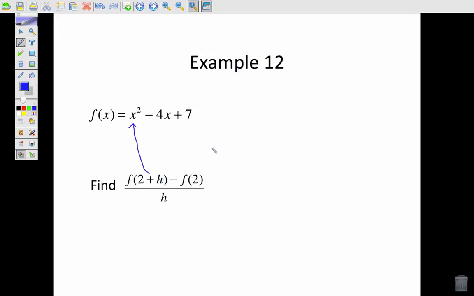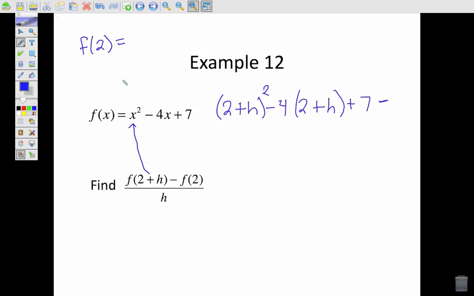This time my difference quotient is asking us to put an expression in of 2 plus h and then minus f of 2. So let's go ahead and put 2 plus h in. So we've got 2 plus h squared minus 4 times 2 plus h plus 7 minus, so all of that is just the first expression here. Let's find what f of 2 is. What does f of 2 equal?